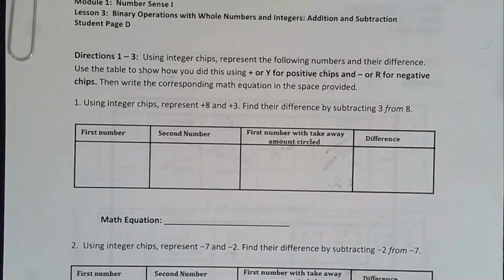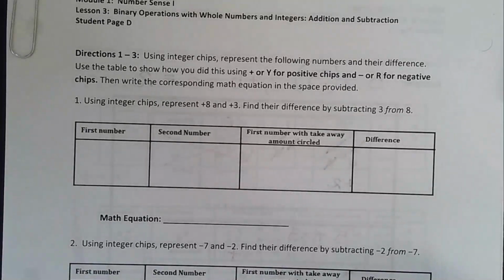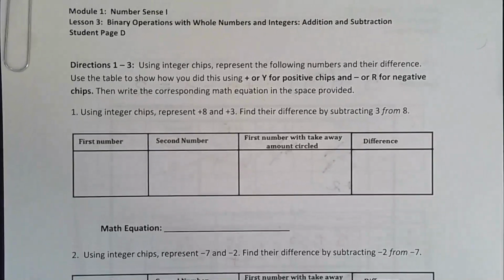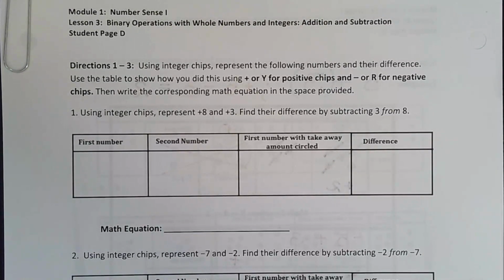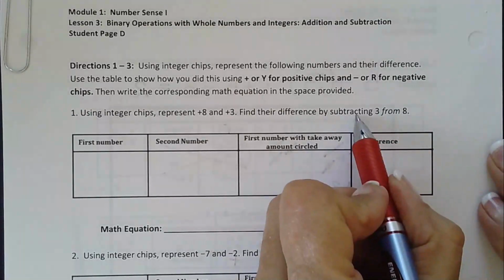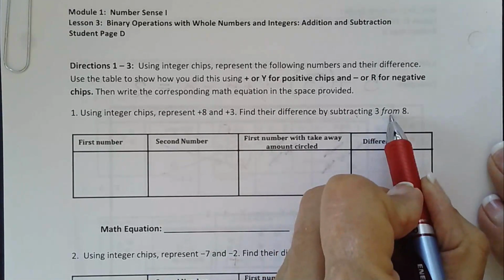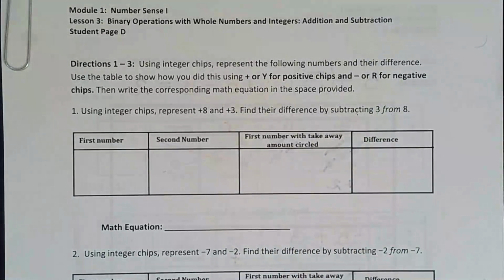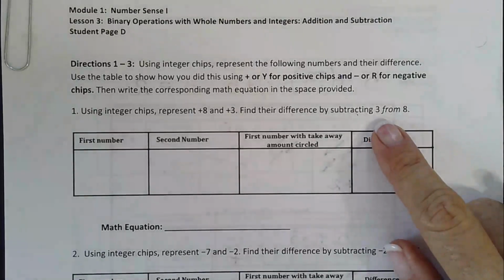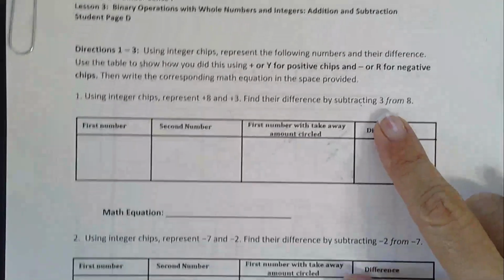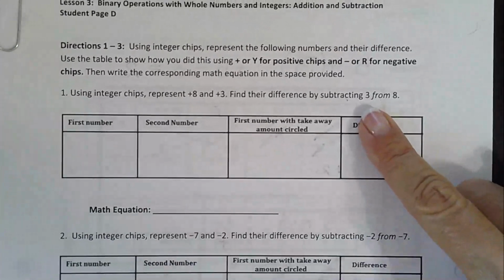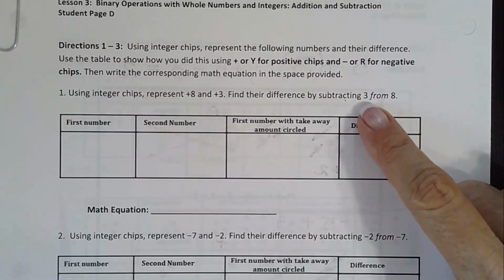Okay, so using the integer chips represent the numbers. So this says subtracting 3 from 8. This is such good practice with your translations, because guess what the next class starts with? Translations. And guess what students are really weak on? Not the ones that come from 0-8, because you guys get good practice, but the students that just drop into there.